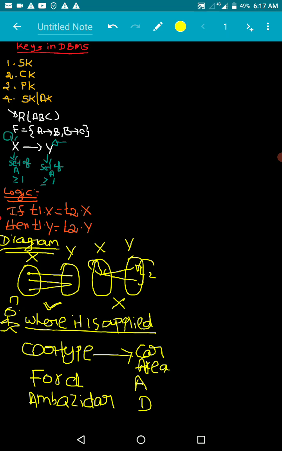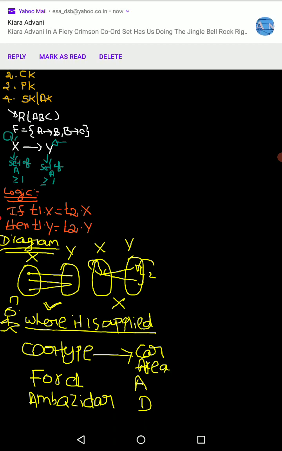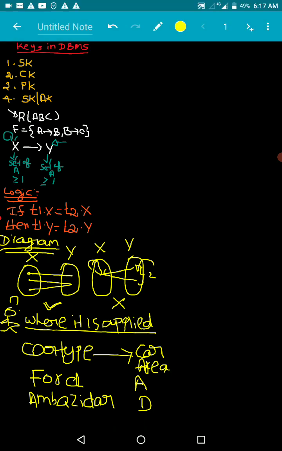This means the car type determines the car parking area, which means the car parking area is functionally dependent on the car type. This is the business logic, and it is encoded in the form of the functional dependency.